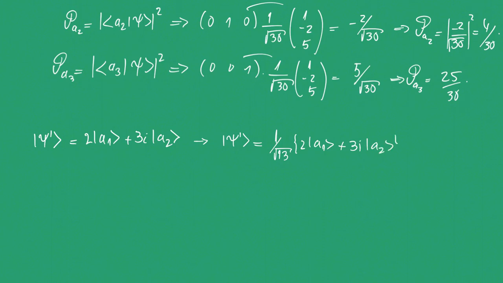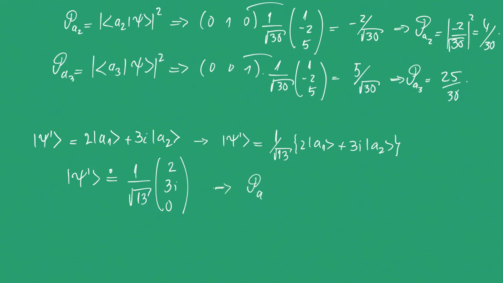Also, we can represent this quantum state in matrix notation. If we do it ourselves, following all the steps I did before, you will end up with this matrix notation for this ket.